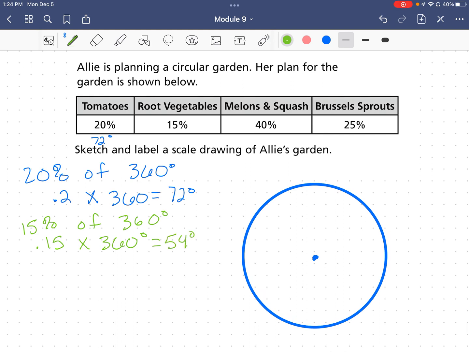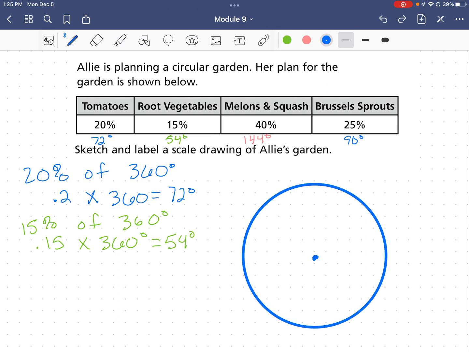It's going to be 54 degrees. Be careful with that decimal in there. And then do the same for the other two. Pause your video, unpause it when you have melons and squash, as well as Brussels sprouts done as well. So melons and squash will be 144 degrees, and then 90 degrees.